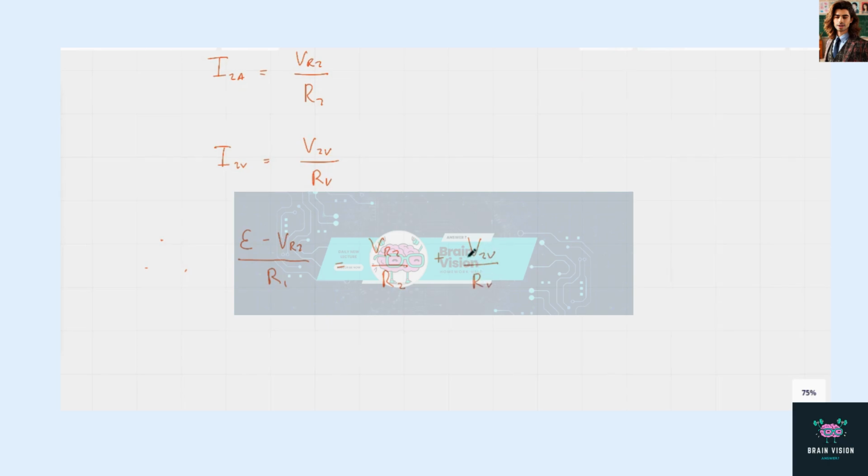So now we can see there are two equations with the two unknowns R1 and R2. So if we substitute our values in here, we can find these two resistances.